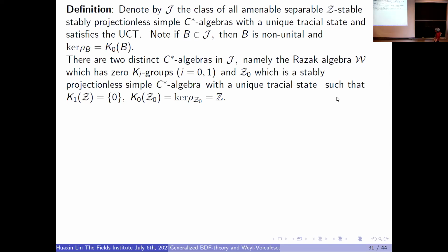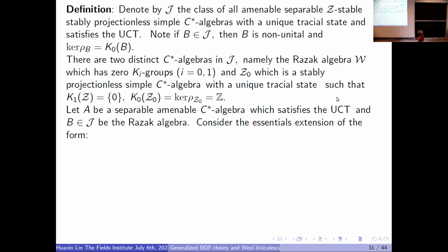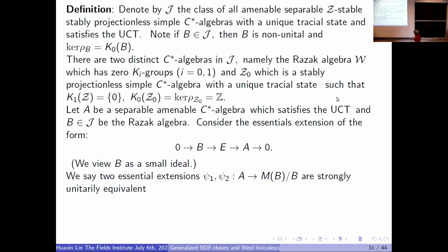So let's look at this kind of extension. You convince yourself that if you look at a KK element, then it's just 0. But consider the essential extensions of this form. B is one of those, in particular the case where B is W, the Razak algebra.